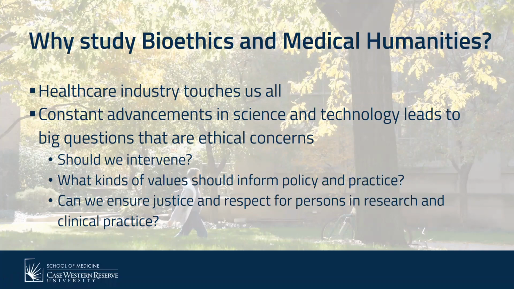The ethical question there. And as I was alluding to with the social medicine questions, how should we intervene to get some kind of just and fair delivery of even basic primary health? What kinds of values should inform policy and practice, right? So different levels: practice at a clinical level, policy at a more global level.